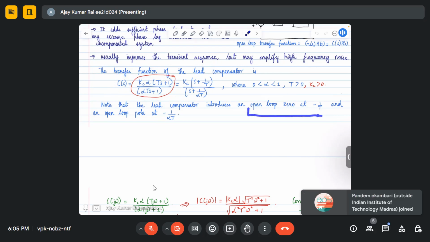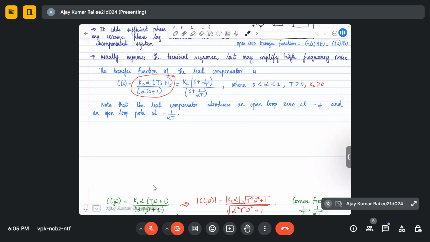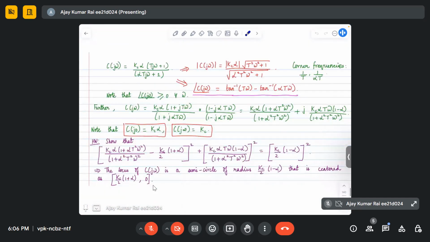You can see the open loop zero at minus 1 by T, and the open loop pole at minus 1 by alpha T. You know alpha is between 0 and 1, so the magnitude of the open loop pole will be greater than 1 by T. We have seen the magnitude and how to calculate the phase.